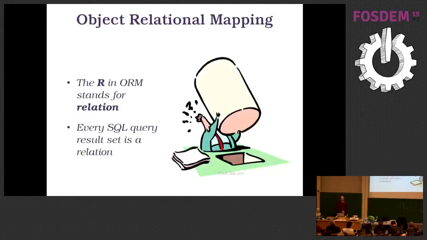Some people are using tools called ORM, I've heard, and they say it's object relational mapping, and almost every one of them that I had to look at is doing it wrong, because the R in ORM stands for relation, right? Relation is the result of a SQL query.